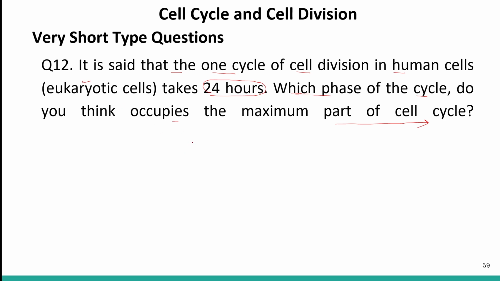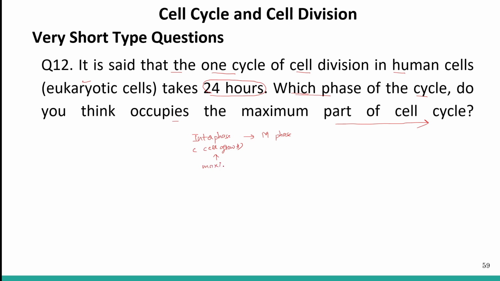Alright. So the cell cycle is divided into the interphase and then we have the mitotic or the M phase. Here in the interphase, cell growth is taking place and the final preparation for cell division is taking place. So the cell spends maximum time here.